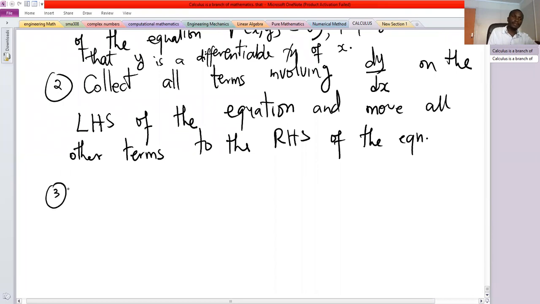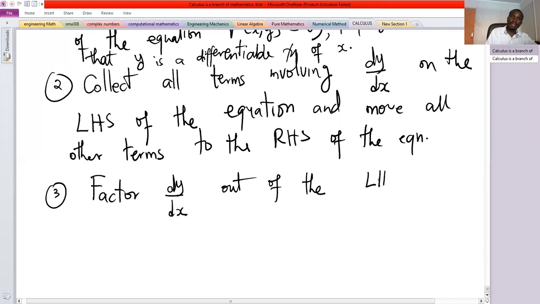Number 3, factor dy dx out of the left-hand side of the equation.